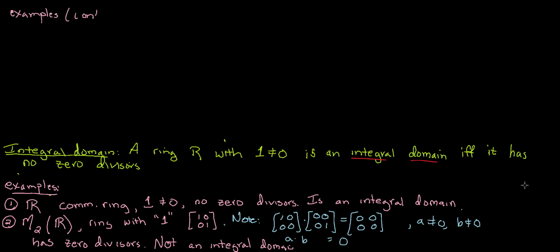Example 3, I'm going to look at the ring 3Z. So this is the ring of integer multiples of 3, and we've explored this in a previous video. So we said there's things in here like -6, -3, 0, 3, and it goes on forever in both directions. We've got integer multiples of 3.